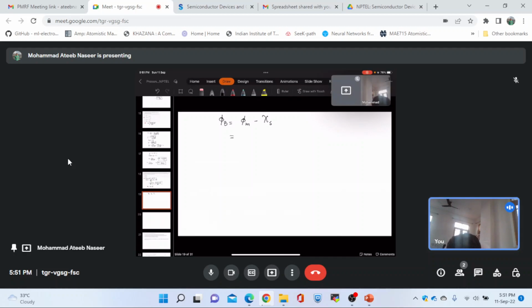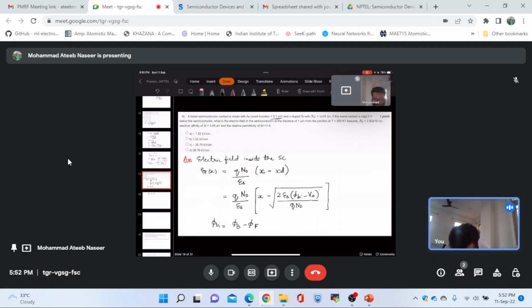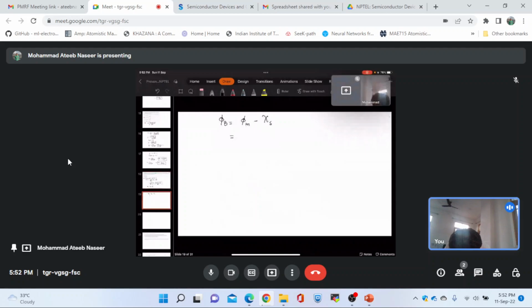The metal work function is 5.1 electron volts and chi s is 4.05 electron volts. So we have 5.1 minus 4.05, which is 1.05. So the barrier height is 1.05 volts.